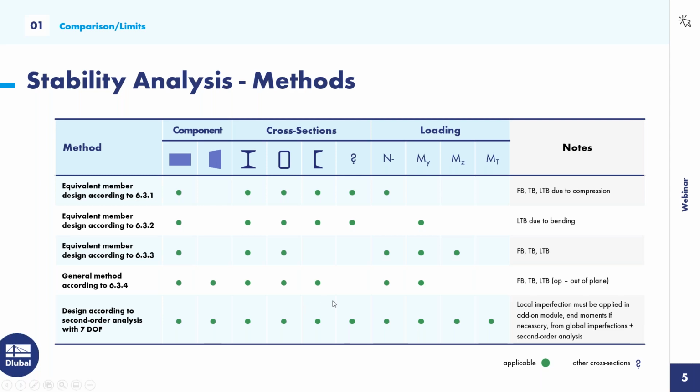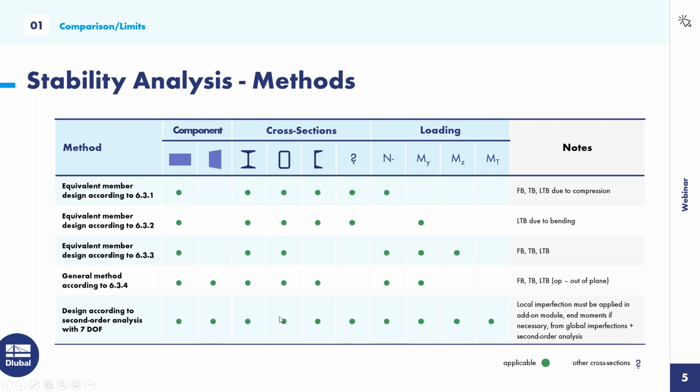With this method, all components, all cross sections, and all loads, including torsion, are possible. But as additional information, it's necessary to define all the 7 degrees of freedom in the add-on module, and also define local imperfections. But how to do that, I will show you in the program.